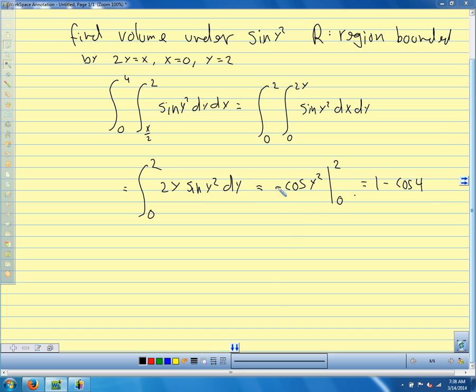Because we have the negative out front, we end up with minus cosine 4 minus cosine 0.